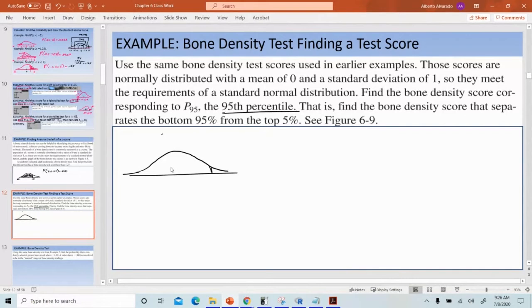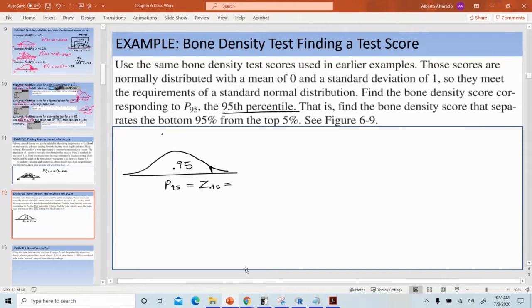So that's left area of 0.95. So I have a percent, which correlates to an area, and I want to find the z-score that correlates to that area. Just a little on notation, percentile means left area. In other words, we're looking for the z-score that correlates with left area 0.95. That's what this notation means.